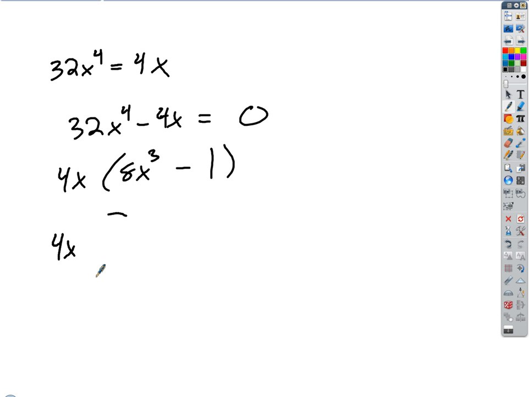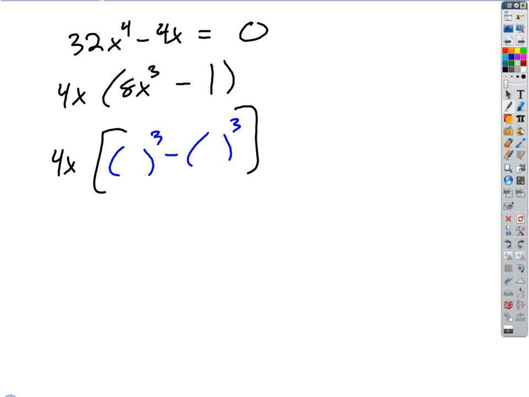So we've got our 4x times a difference of cubes. Now, what are the cubes? 2x, good. Everybody see that? 2 cubed is 8, x cubed is x cubed, and 1. So that's just going to follow our pattern where essentially this is A and that's B, right?